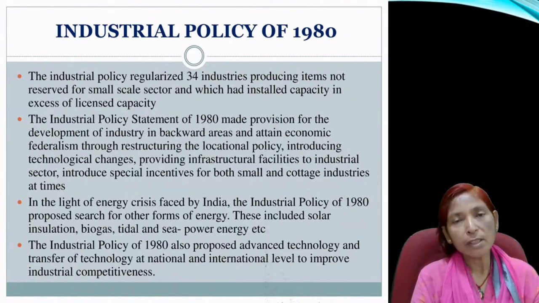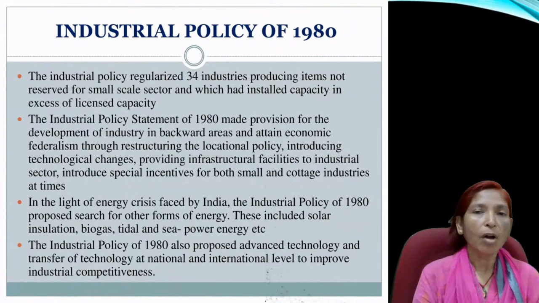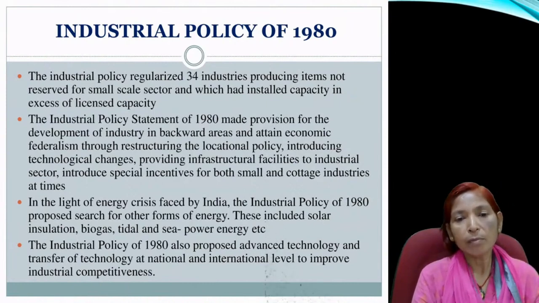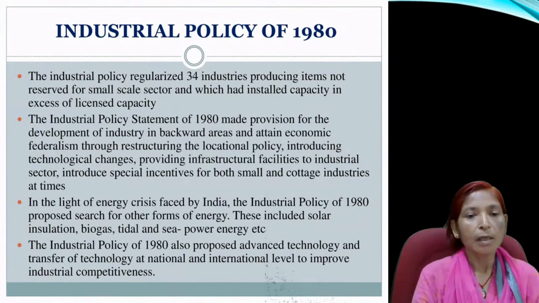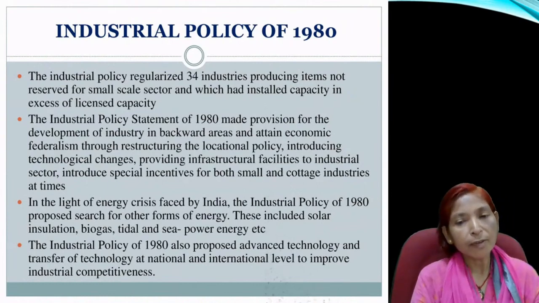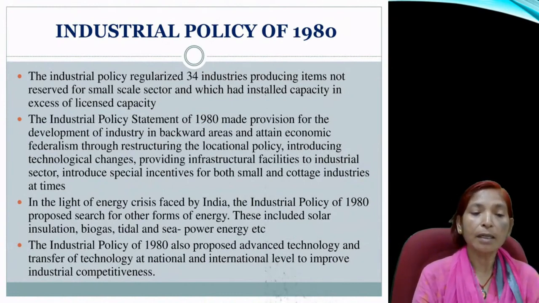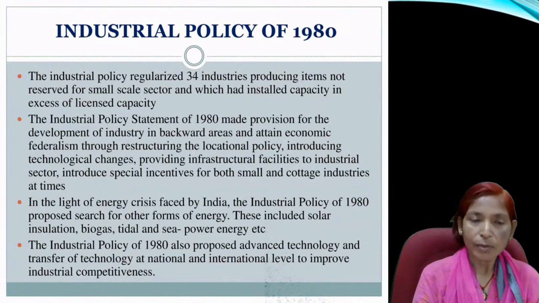The industrial policy of the 1980s made provision for the development of industries in backward areas and to attain economic federalism through restructuring and location policy, introducing technological changes, providing infrastructural facilities to the industrial sector, and introducing special incentives for both small scale and cottage industries.